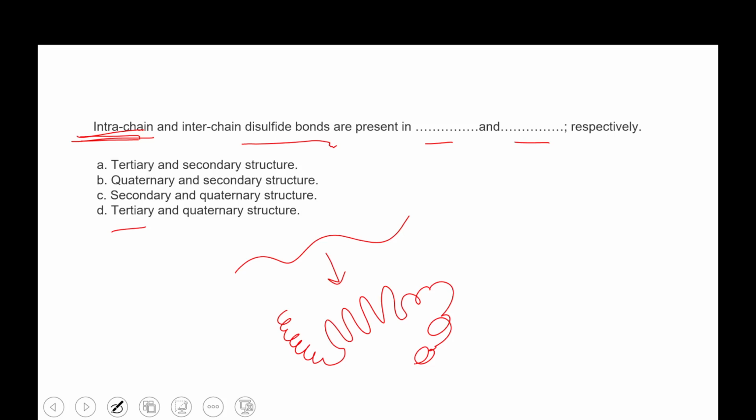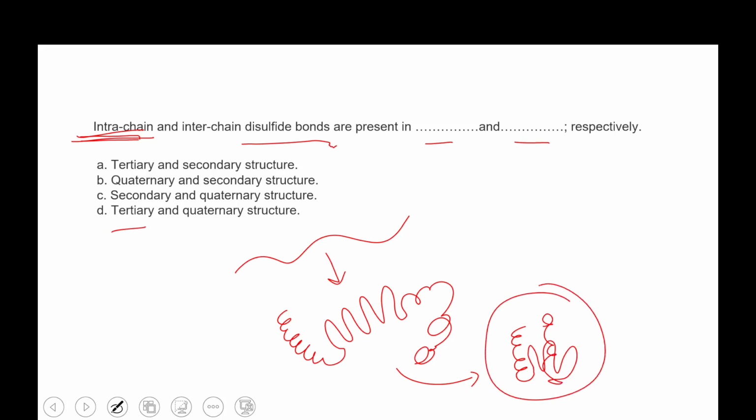Then if disulfide bonds are formed within this chain only, that makes the protein compact, something three-dimensional, which I cannot draw. The disulfide bonds formed in the same chain give the conformation of the protein. That is called the tertiary structure, where hydrophobic interaction, disulfide interaction, and all the different kinds of interaction happen in the same polypeptide.